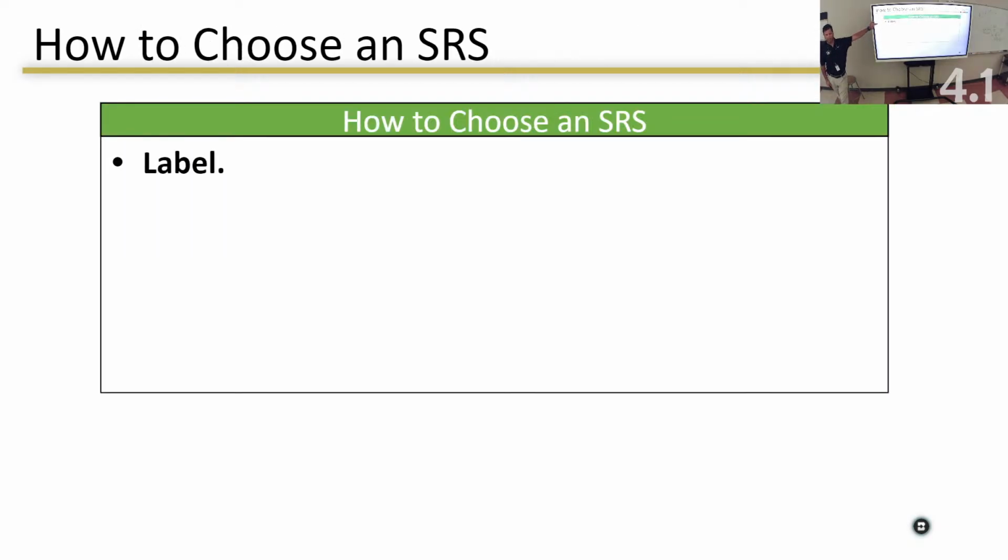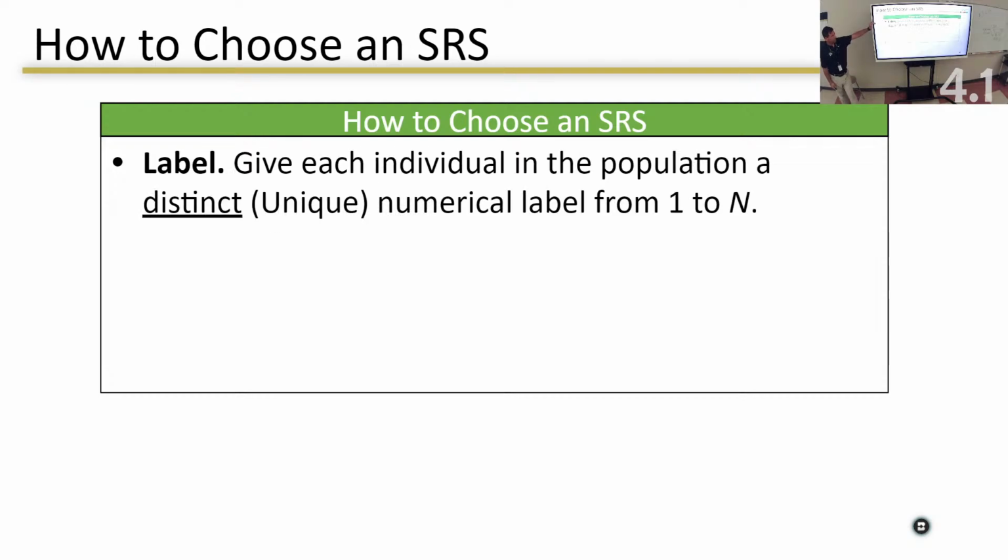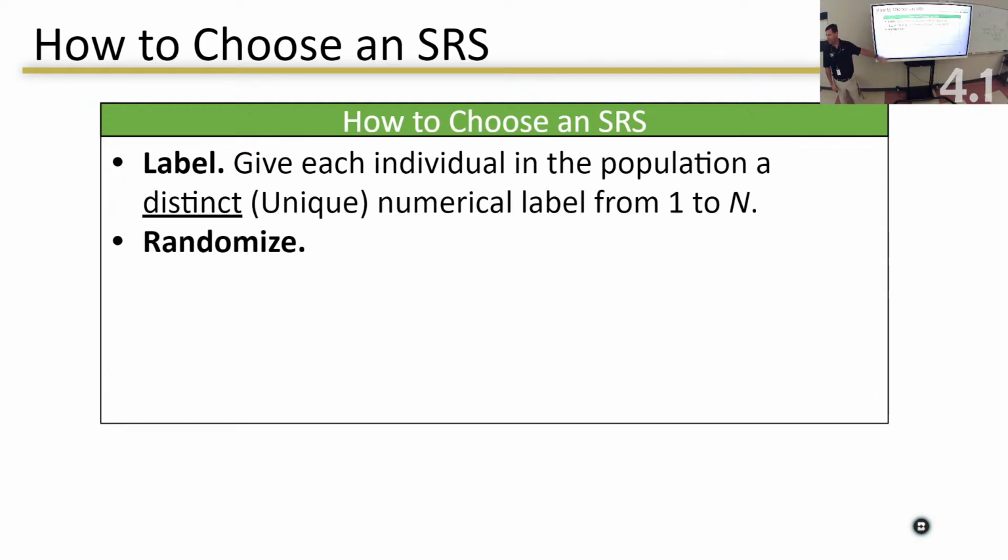Somehow or another, you have to label them. Everybody needs a unique something. Sometimes they're already labeled, like you guys. You already have a student ID that's different from everybody else's. You already have a name that's different from everybody else. But somehow you have to label them. And then after you label them, you have to randomize somehow.